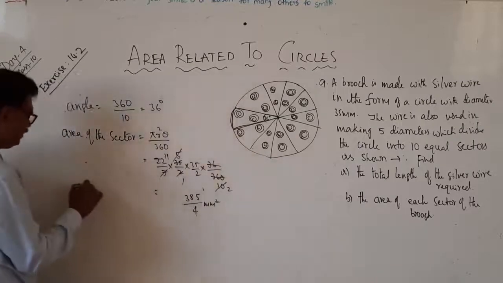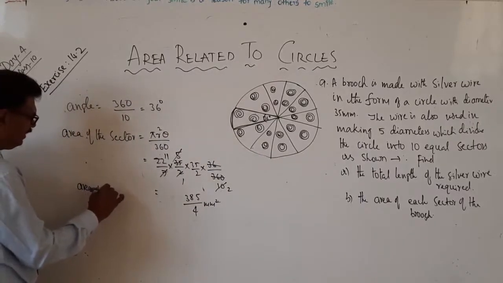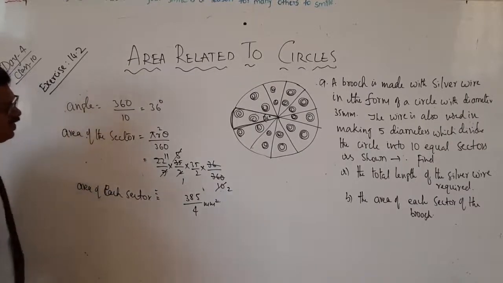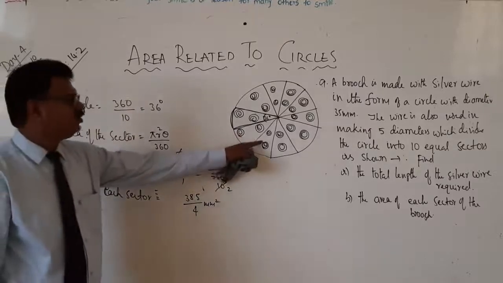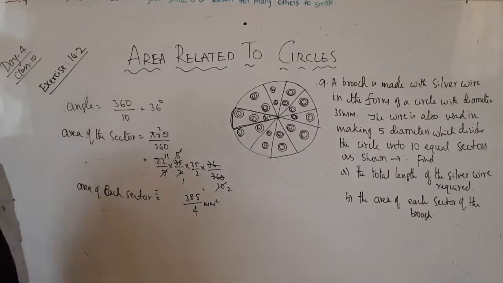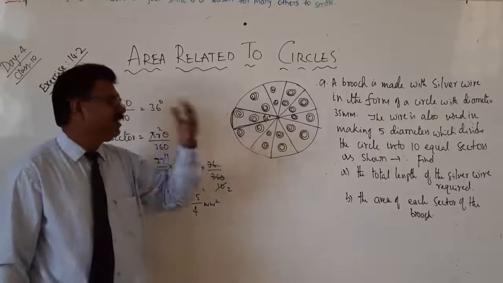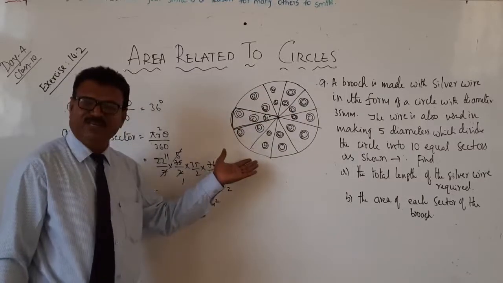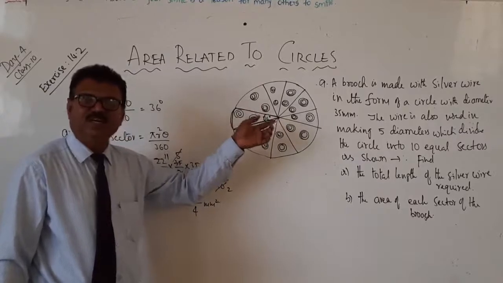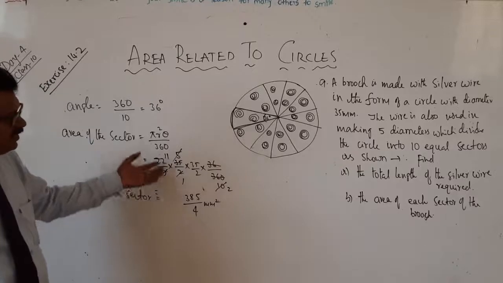This is the area of each sector. How many sectors are there here? 1, 2, 3, 10 sectors. If you want, you can find the total area also, but you will not be asked for total area, because instead of one sector into 10, we can directly find the area of the circle. So this is the answer. Please take it down.